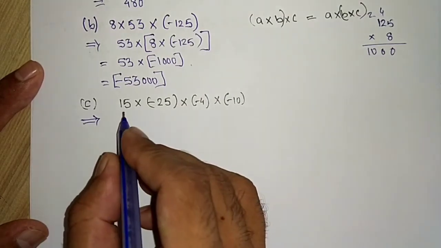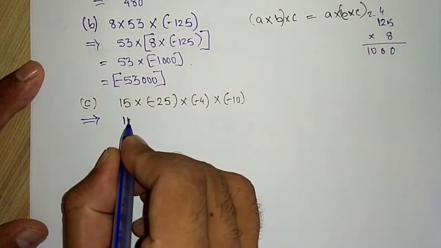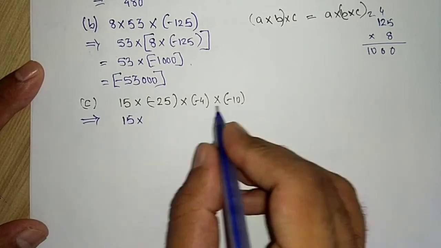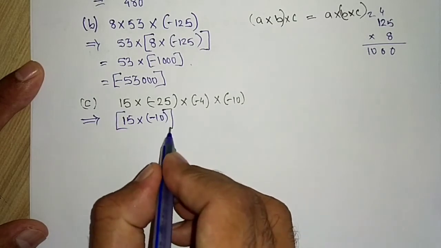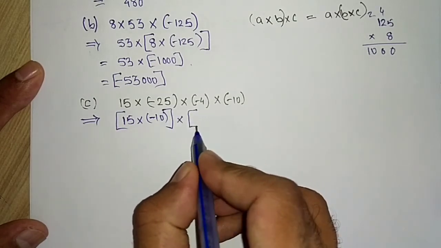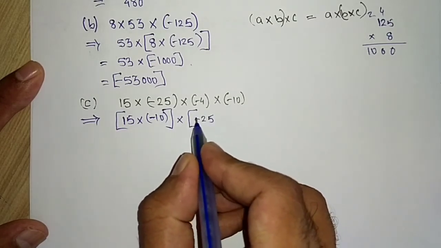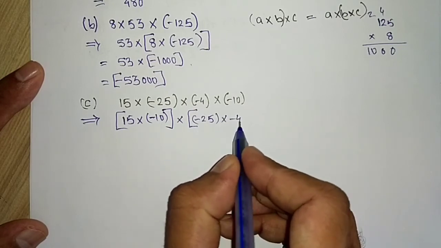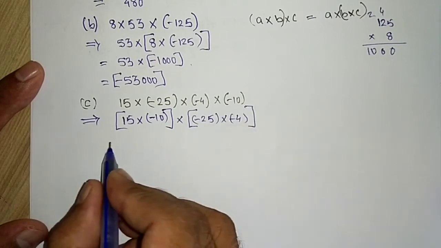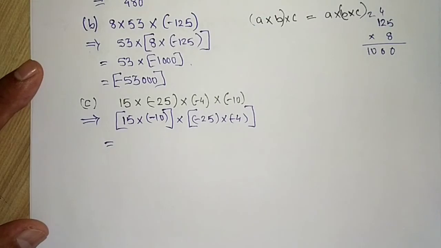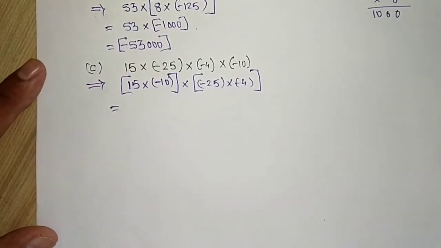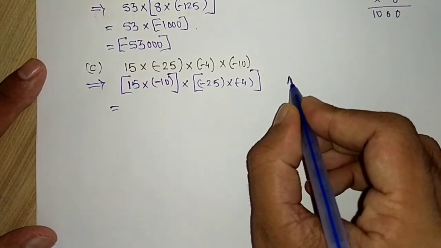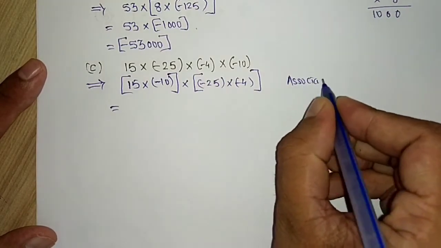Let me arrange this: 15 multiplied by minus 10. Let me take it first and group the other two numbers, that is minus 25 into minus 4. Why, students? You will see the difference. It will be very easy. Which property have I used here? Associative property.